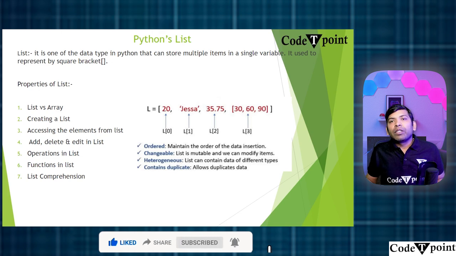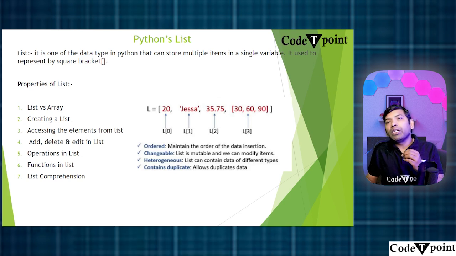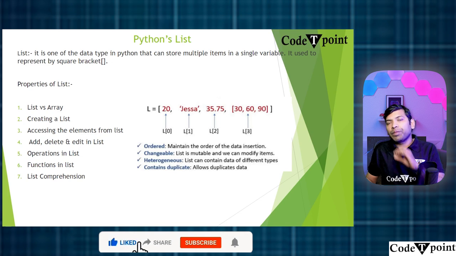The second difference is that the elements of an array are stored in memory in sequential order. That means in the memory locations, they are stored sequence-wise, while this is not the case with list.